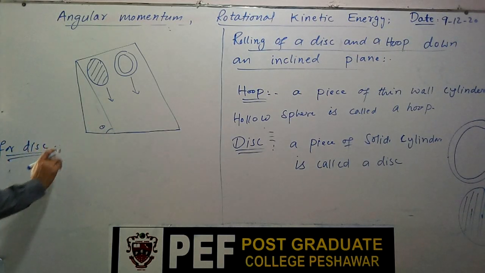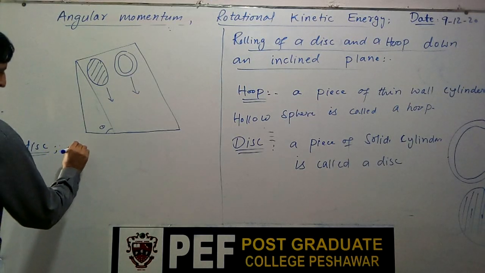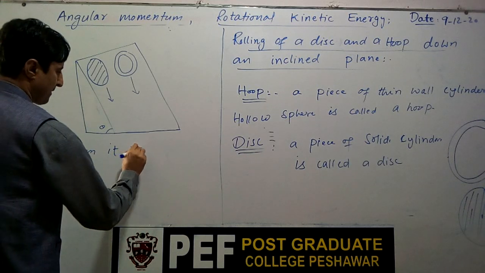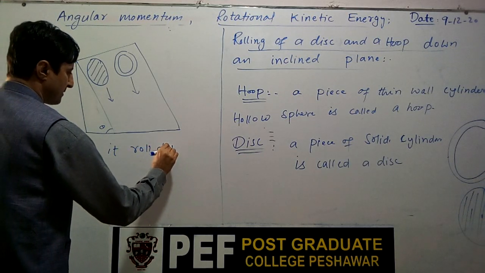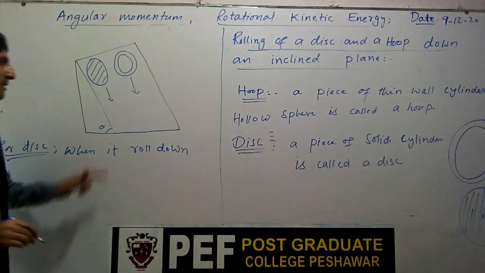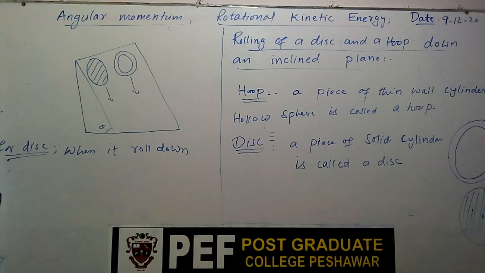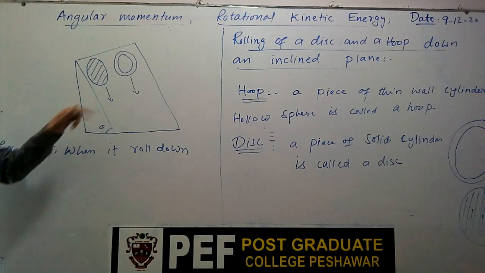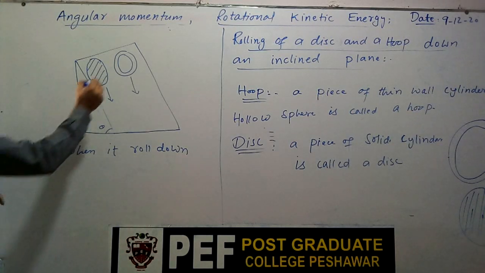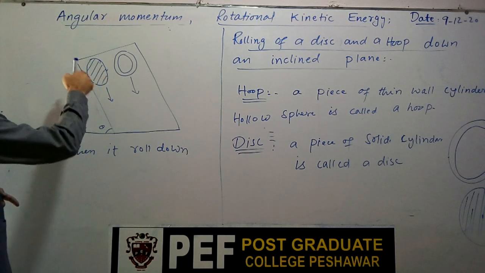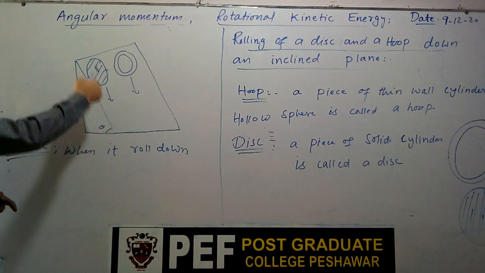When this disc starts rolling down, it has two types of kinetic energy. As it rolls down, it will have rotational kinetic energy, as well as translational kinetic energy as it moves from here to here.